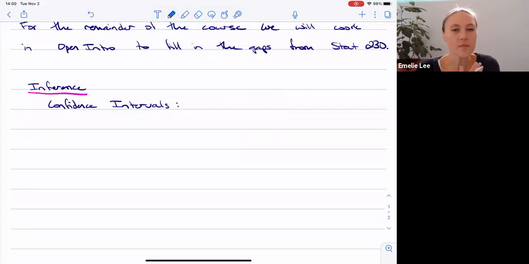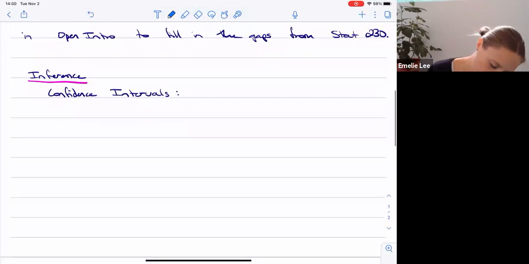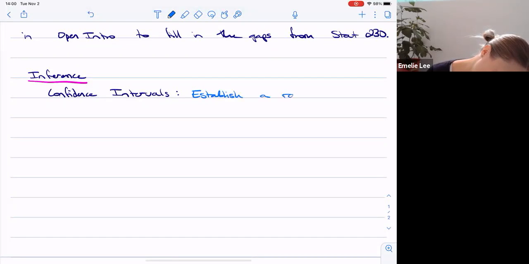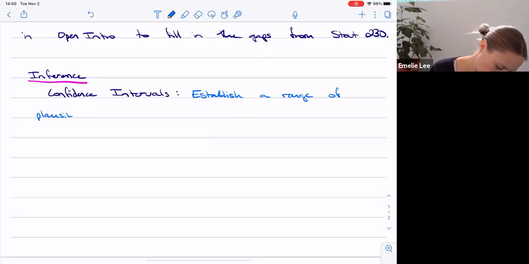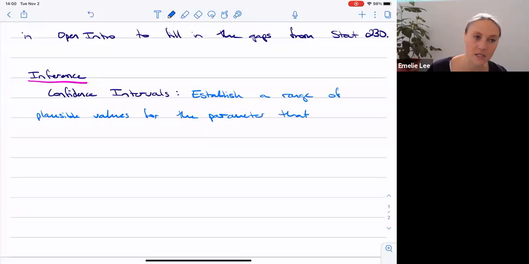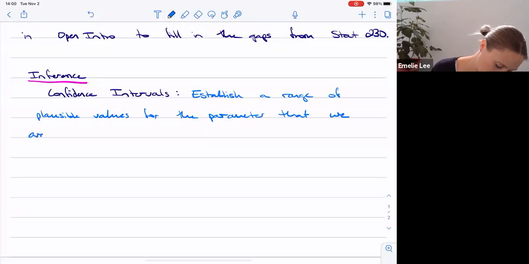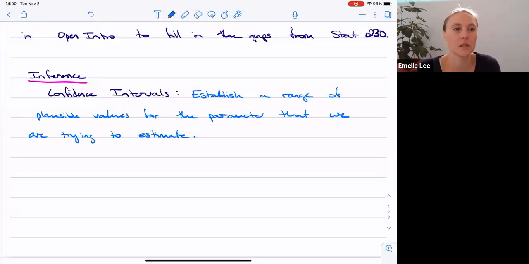There we go. So confidence intervals establish a range of plausible values for the parameter that we are trying to estimate. Okay.